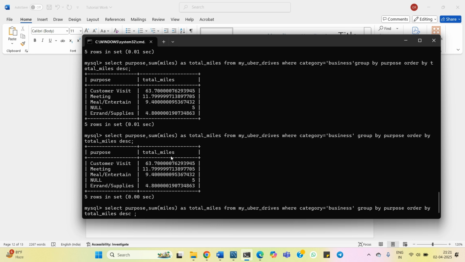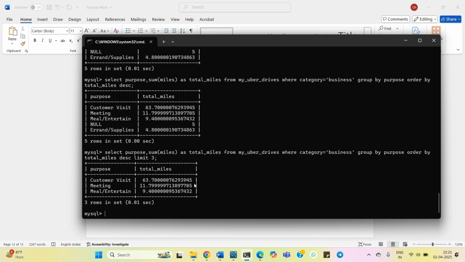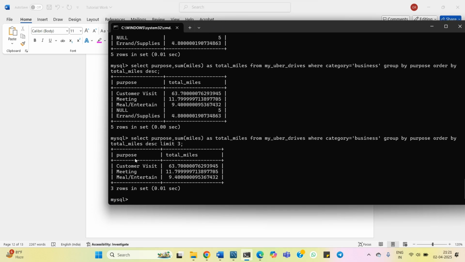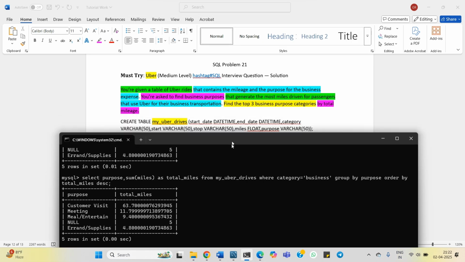You can see we have found the total miles also. We have already sorted it from the highest, and we have to find only three business purposes, so we can use LIMIT. Now you can see we have got the answer. We have found the top three business purpose categories: customer visit, meeting, and meal entertain, with the highest total mileage.